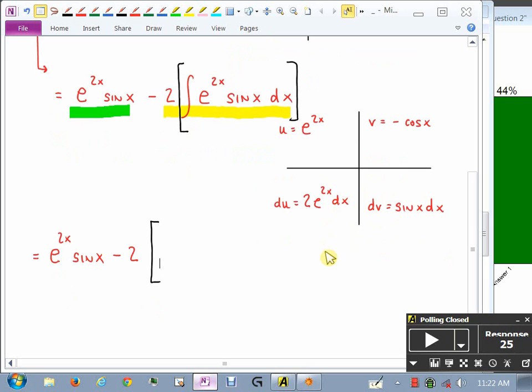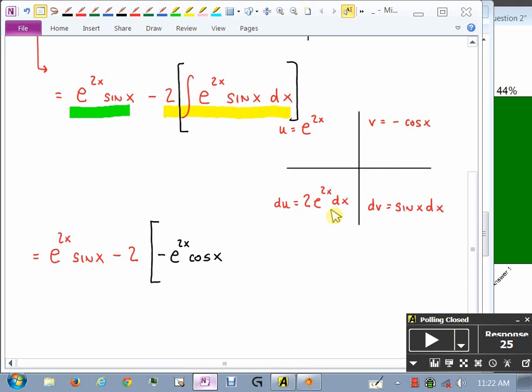So what's uv for me here? Negative e to the 2x cosine x. And then minus, but look at what's here. I have a negative cosine, don't I? And I have a 2. So I know when I multiply these, it's going to be negative, but then I'm subtracting it. In the formula, it's subtraction, right?